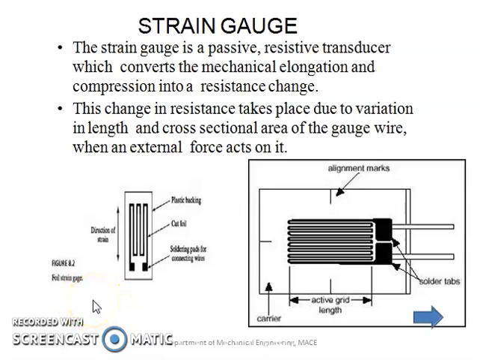When the element elongates or compresses, the strain gauge also elongates or compresses. So there is a change in length of this strain gauge, and that change in length creates a change in resistance. This change in resistance can be analyzed and the corresponding electrical signal is produced.